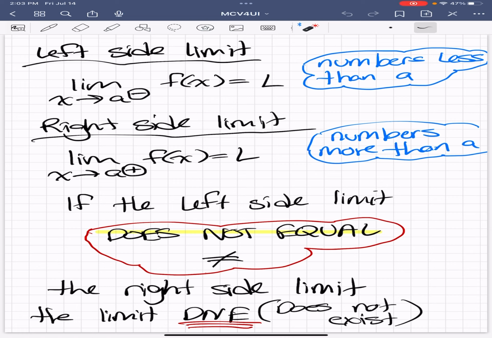The right side limit is x approaches a with a plus symbol, limit f of x equals L, and that indicates numbers more than a. So numbers leading up more to a, what does the limit equal? If the left side limit does not equal the right side limit, the limit does not exist.